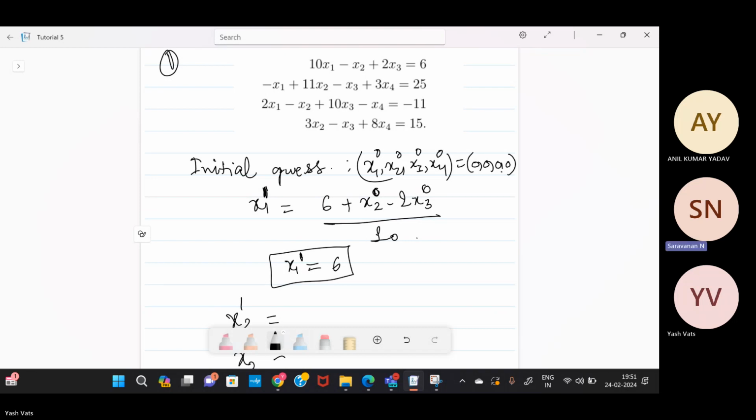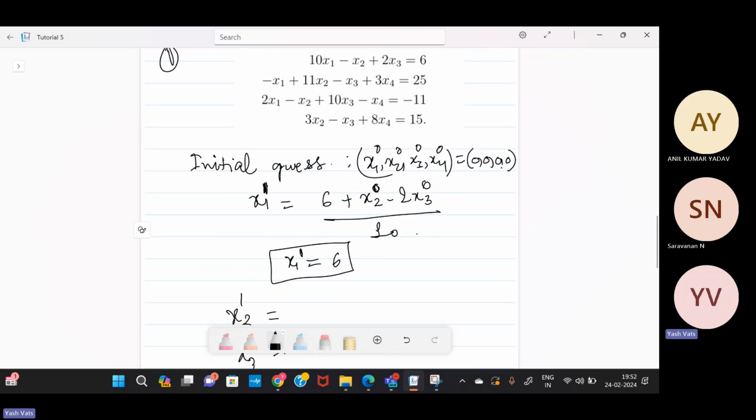The x1, when we are shifting, it will be 6 by 10, no? It should be 0.6. Yeah. Okay. So it is the first iteration, not the third one. Yeah, this is the first.